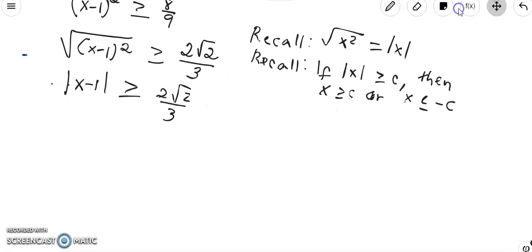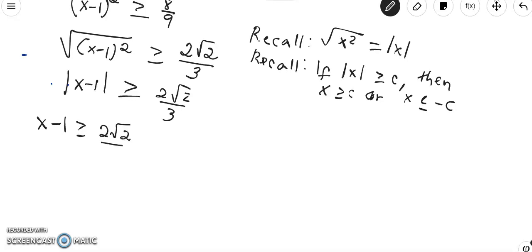So, magiging x minus 1 is greater than or equal to 2 square root of 2 over 3, or x minus 1 is less than or equal to negative 2 square root of 2 over 3.